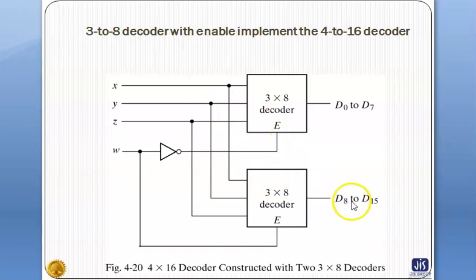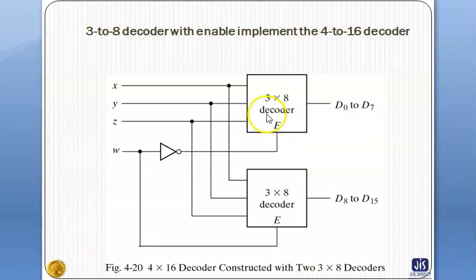So if an input 0 is applied to each AND gate, then the output will be 0, so no AND gate will be active. Therefore, to make the circuit active, the enable line should be high. So this is the function of the enable line.